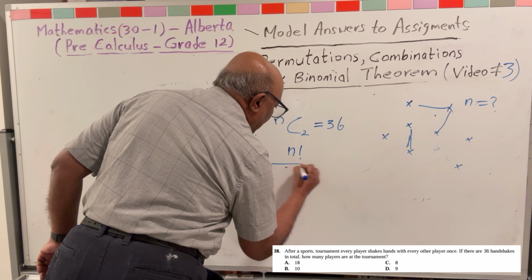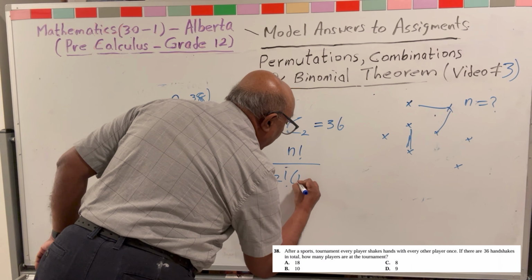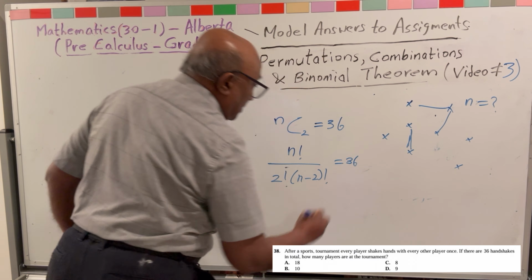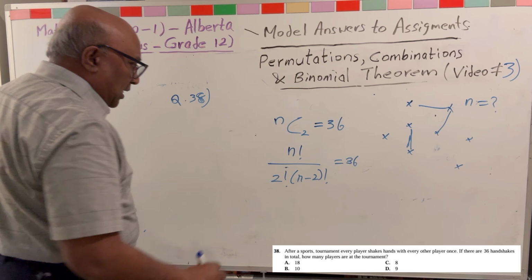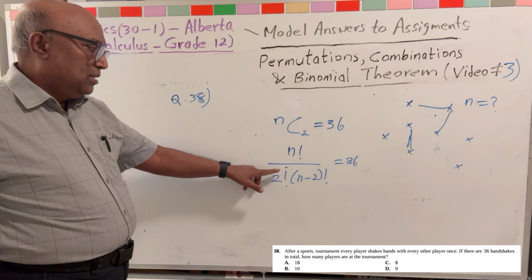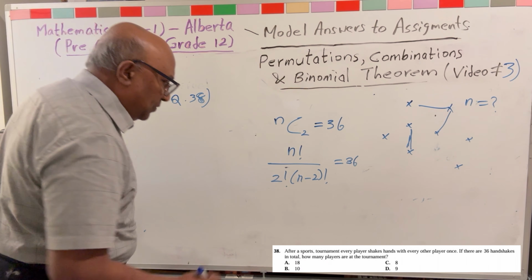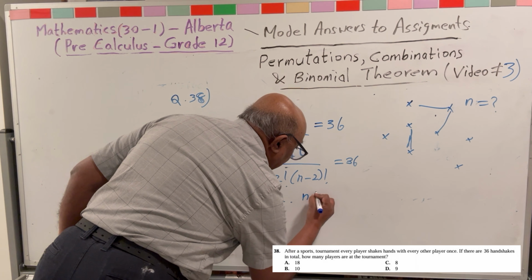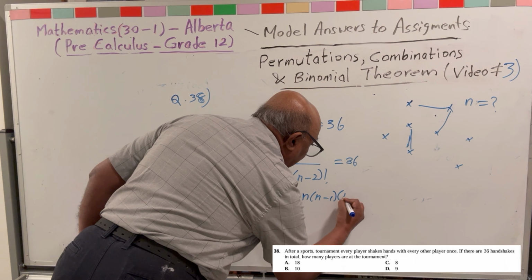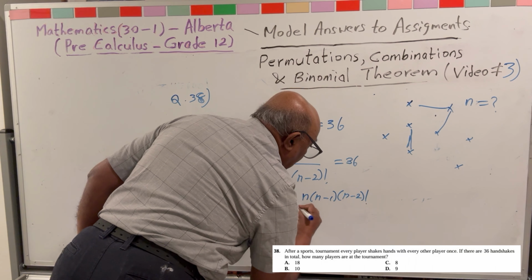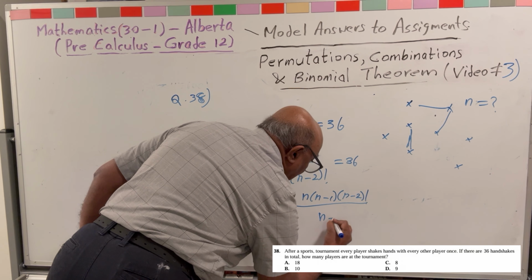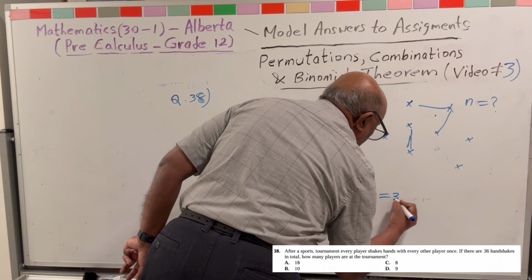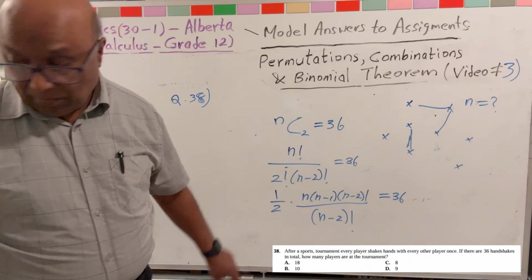Factorial n upon factorial 2 times factorial n minus 2 is equal to 36. After that we can write factorial 2 is 2 times 1. Let's keep this aside and expand this. n times n minus 1. After reaching n minus 2, let's stop, because the bottom number is n minus 2, equal to 36. Now simplify.